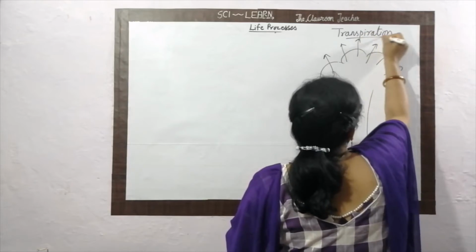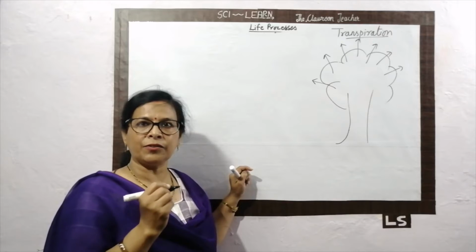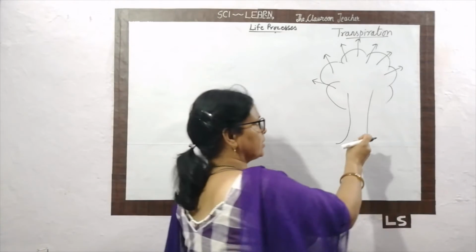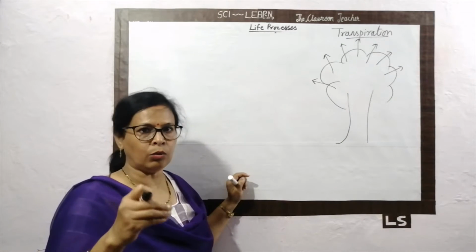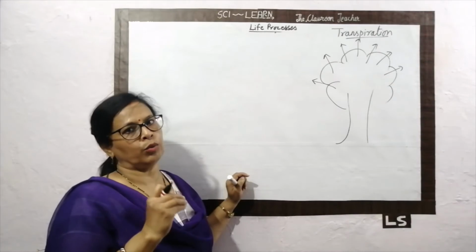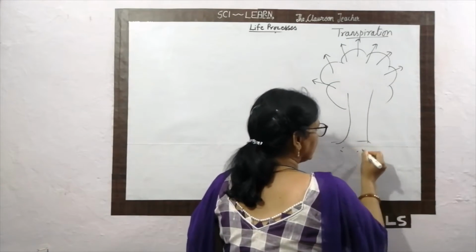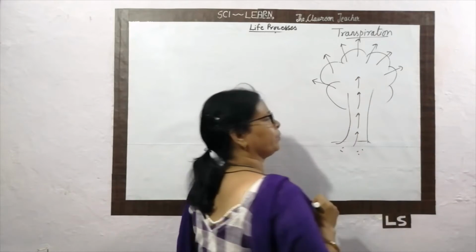When the process of transpiration occurs, when the water is evaporated from the leaf surfaces, a suction force is generated in the xylem vessel. This suction force allows the upward movement of the water, due to which the water present in the roots moves upward towards the leaf.